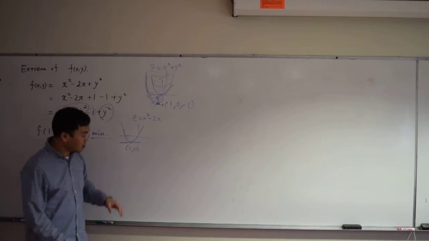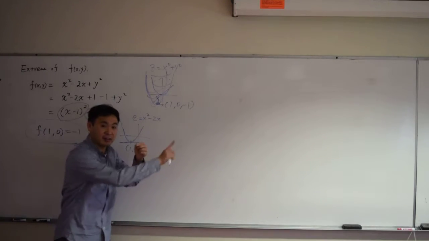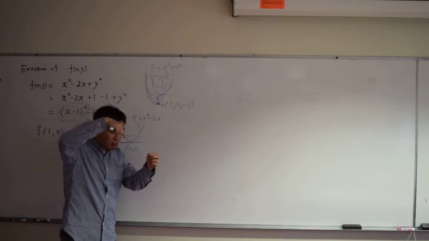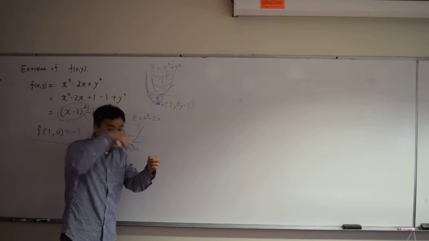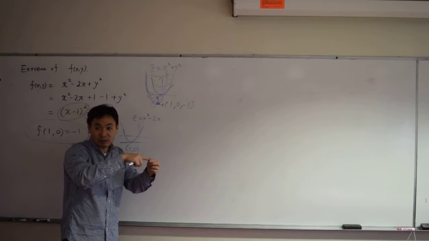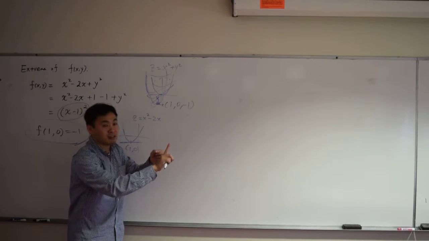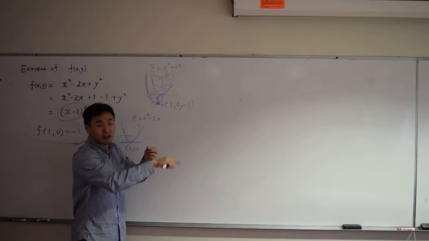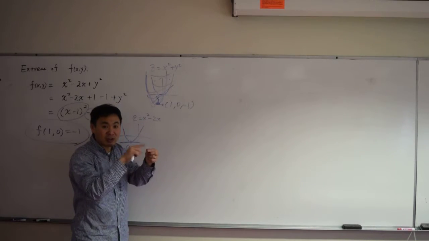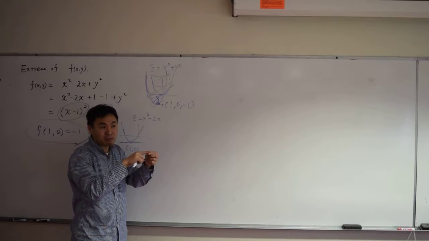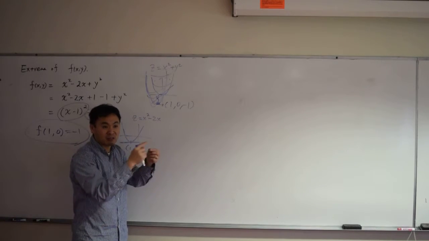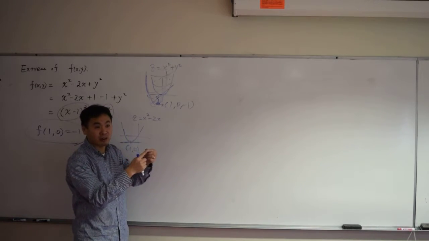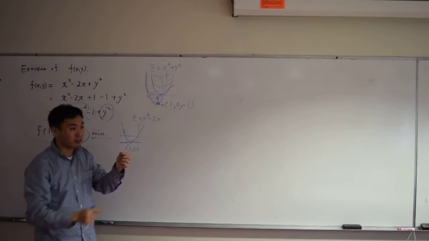Just before heading to the minimum, the rate of change is negative because you're going down. And right after passing the minimum, the rate of change is positive because you're going up. Therefore, exactly at the minimum, it will be between a negative and positive. So what value can it be? Must be 0. Okay?